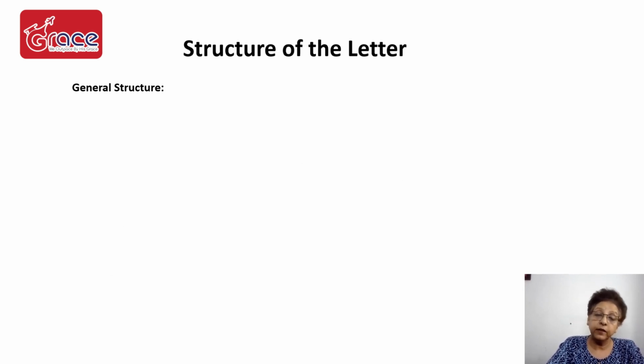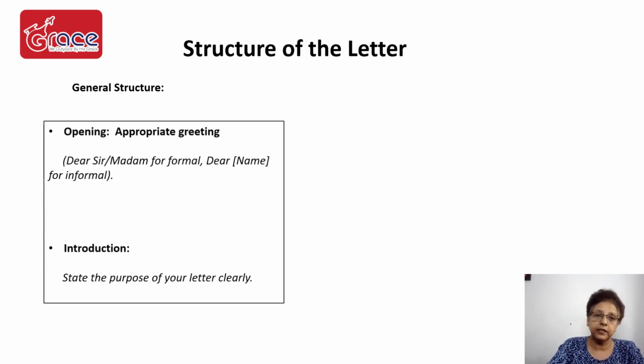We look at the structure of how to write the letter. Here we begin with the opening, and we open it with an appropriate greeting. What do you mean by the appropriate greeting? It simply means whatever kind of letter it is, your opening would be according to that. For example, it would be Dear Sir / Madam for a formal letter.